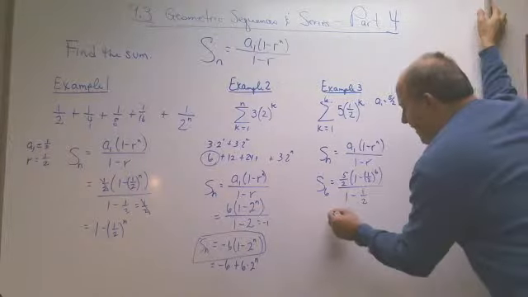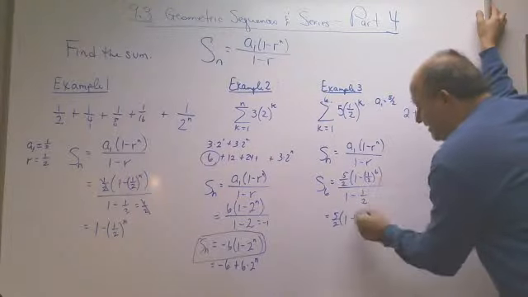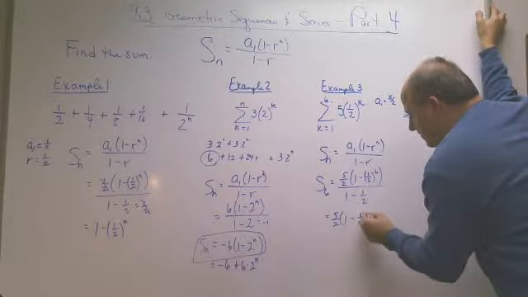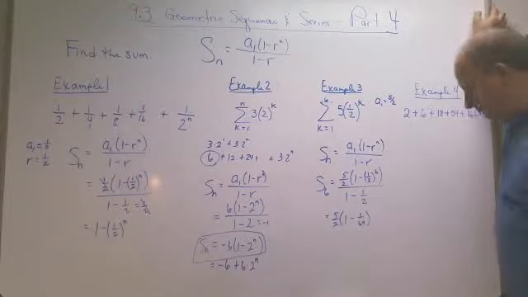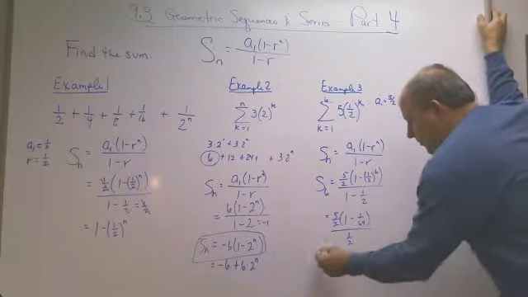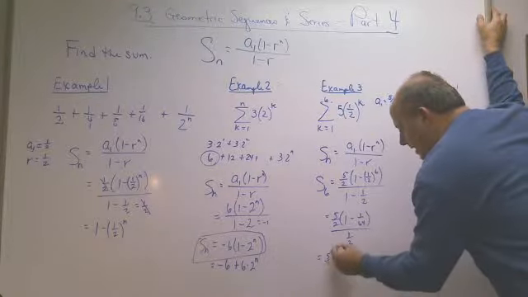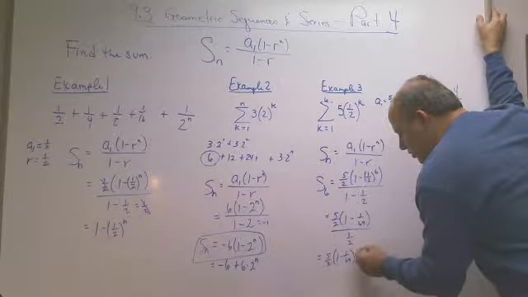So this is going to be 5/2 times 1 minus, now 1/2 to the 6 is actually 1 over 64. So it might take you a little time to do that. And then 1 minus 1/2 is 1/2. If you invert and multiply, you get 5/2 times 1 minus 1 over 64, I'll deal with that in a minute, times 2 over 1.